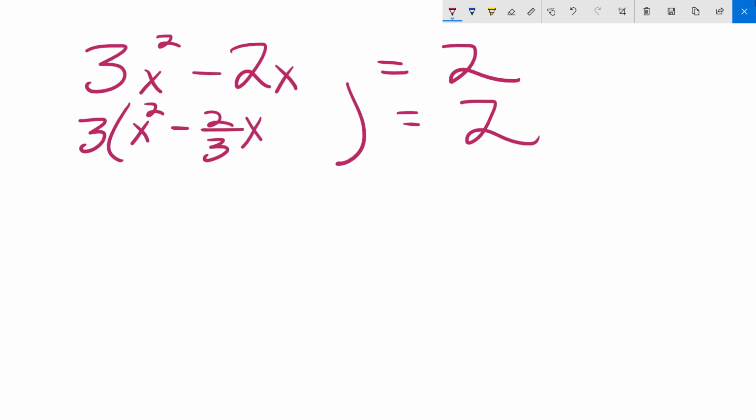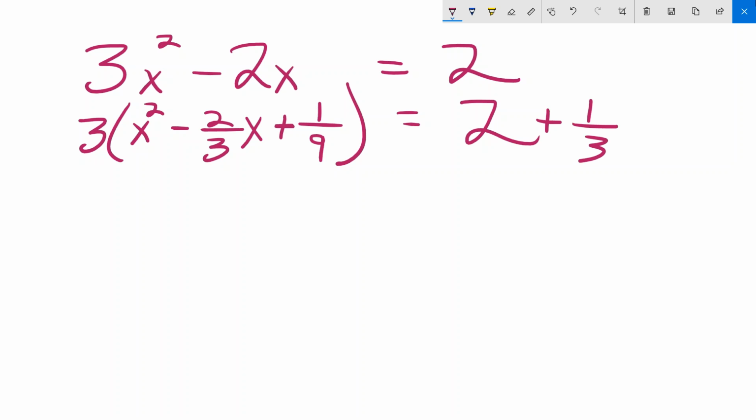So squared is what? What do I write here? Plus 1/9. And then what do I balance with on the other side? Plus 1/9. No. When I wrote 1/9, I didn't add 1/9 to the left side of the equation. I added 3/9. So I've got to add 1/3 to the other side.